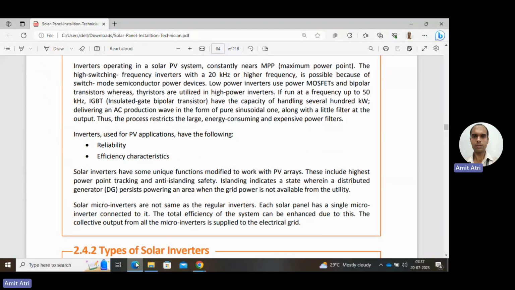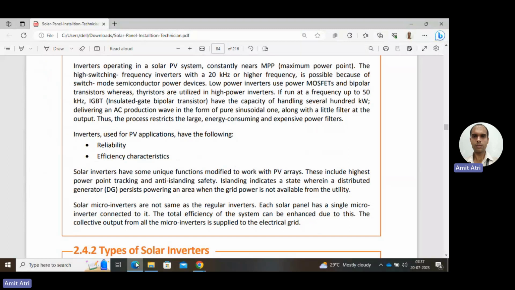Another is anti-islanding safety. Islanding indicates a state when a distributed generator persists in powering an area when the grid power is not available from the utility. I will discuss it again in my coming topic.